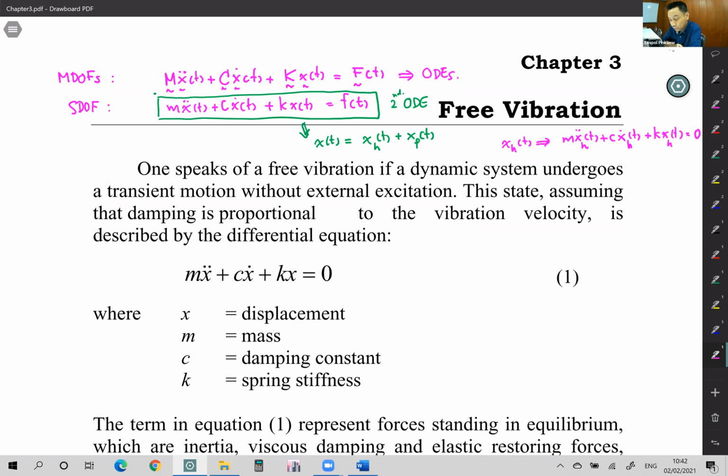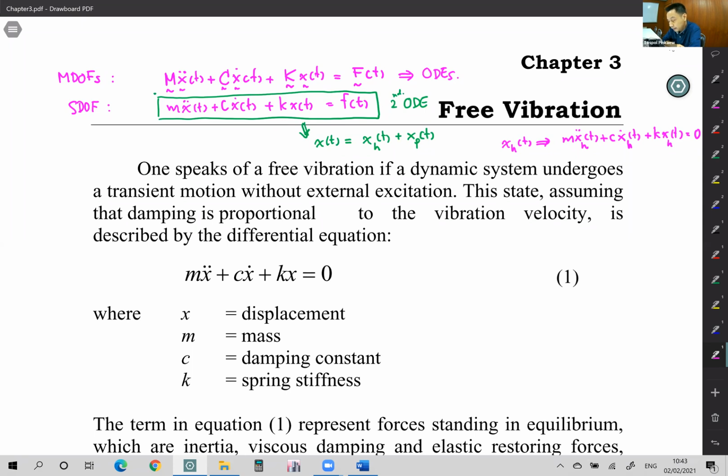To take care of these 2 arbitrary constants, the homogeneous solution will do the job for you. That's why we solve the equation when the force equals 0. This is the explanation in terms of mathematics.